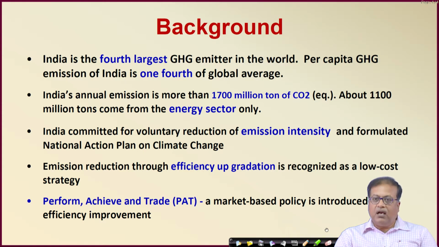So it is very high, and some other data really shows that even compared to the global average, the Indian performance is worse than average. Indian annual emission is more than 1700 million tons of carbon dioxide equivalent, and about 1100 million tons of these are coming from the energy sector only. So it is substantial.